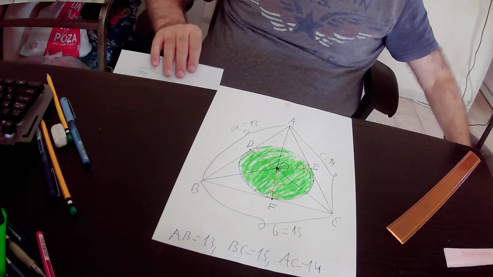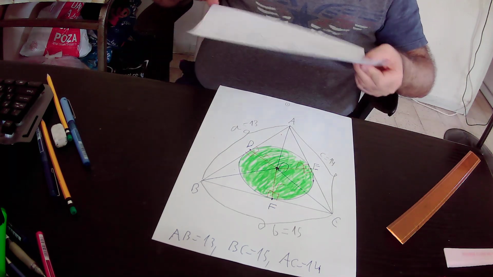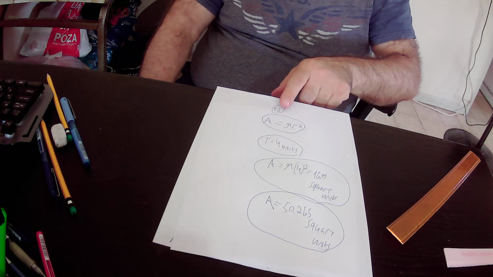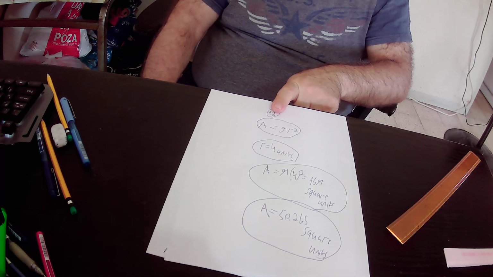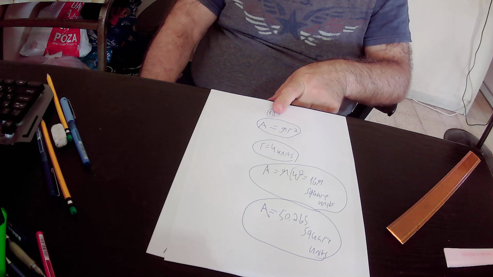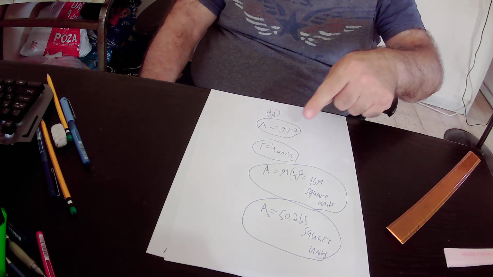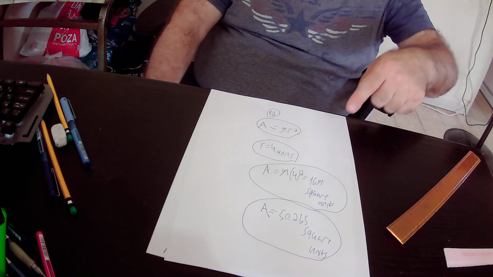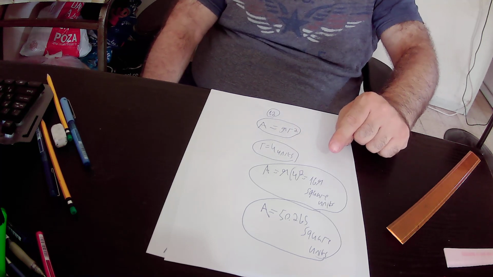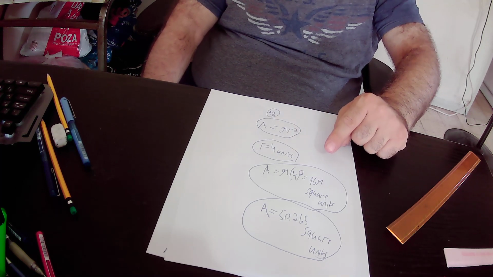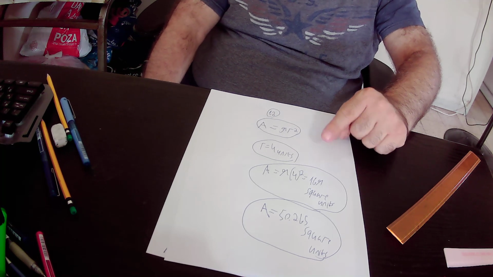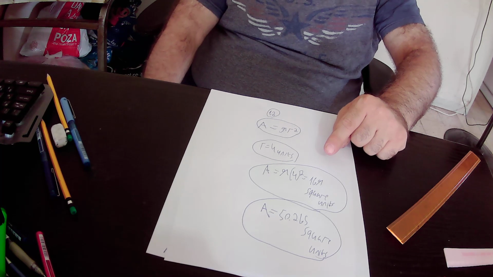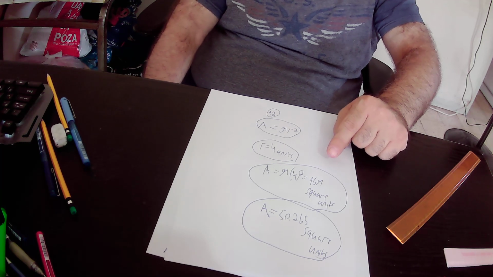And after we know that the radius of the circle equals 4 units, it is very easy to find the area of the circle, because the area of any circle equals pi times the radius of that circle squared. And we already know that the radius of the green circle equals 4 units, so the area of the green circle will be equal to pi times 4 squared, that is 16 pi square units.